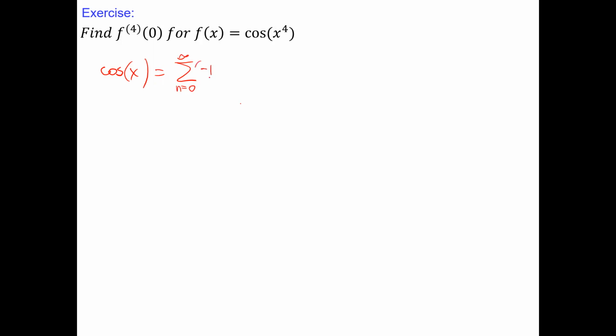Cosine x is the summation from 0 to infinity of negative 1 to the n, x to the power of 2n over 2n factorial. When we expand this, when n is 0, everything is 1. When n is 1, we have x squared over 2 factorial, then x to the power of 4 over 4 factorial, x to the power of 6 over 6 factorial, and so on. I recommend writing this down.